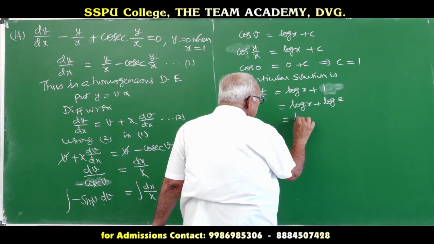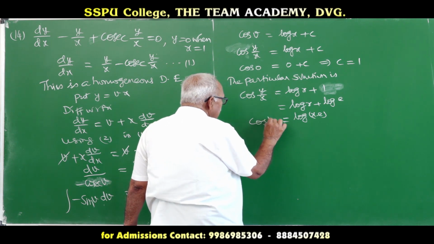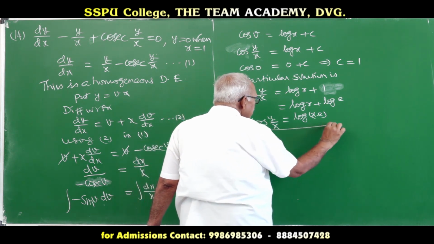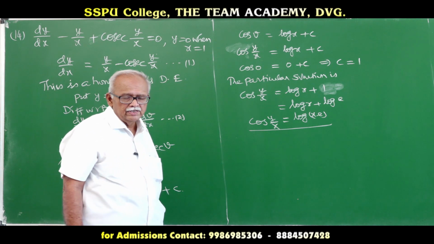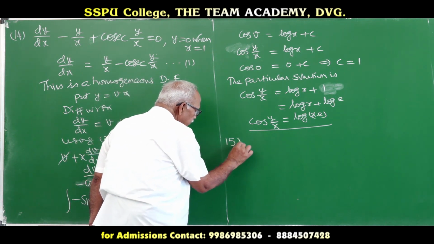So, that is equal to log x e. Cos y by x is equal to log of x into e is the solution. Now, let us go to the 15th question.